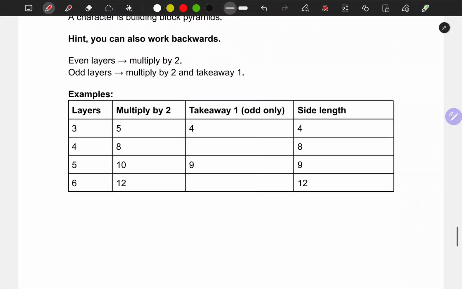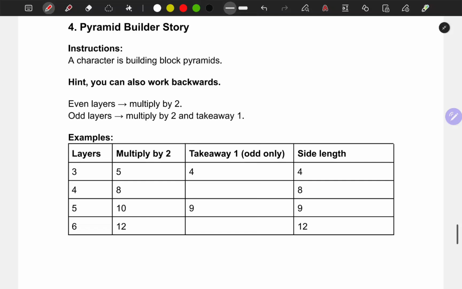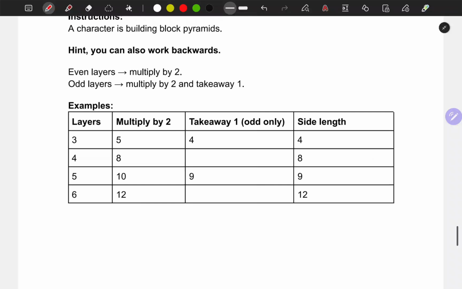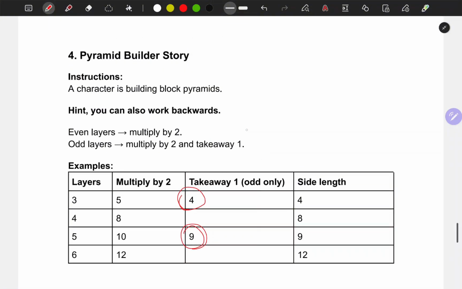Great. Now, the next thing you can do here, and I've given you a few examples just so it's a little bit easier for you, because I want you to see how to do this right. So you can reference this table if you need help. Remember to only take away 1 if the number is odd. Otherwise, we don't need to take away 1. And this is essentially working backwards.